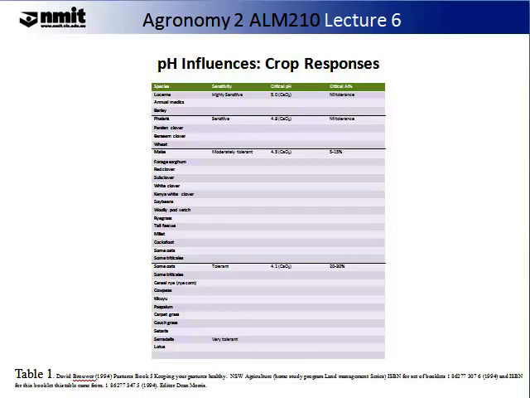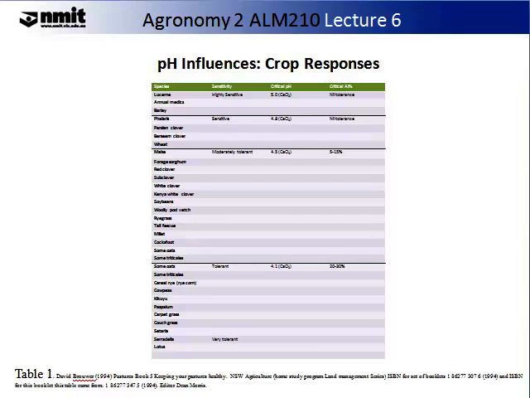Different plants and different crops are influenced differently by pH. Some plants are tolerant to low pHs, while others are not. Table 1, compiled by David Brower, 1994, from Pasture Book 5, New South Wales Government Agriculture, is a summary of some plants and how tolerant they are of acidity.